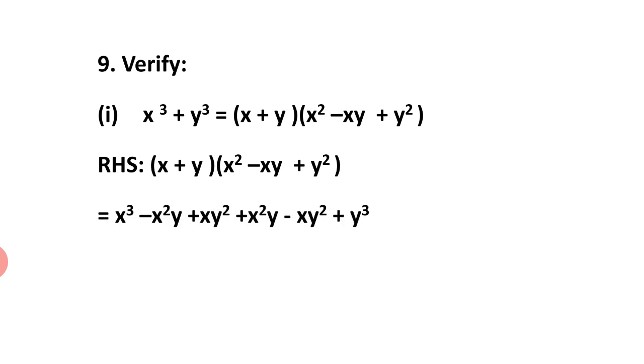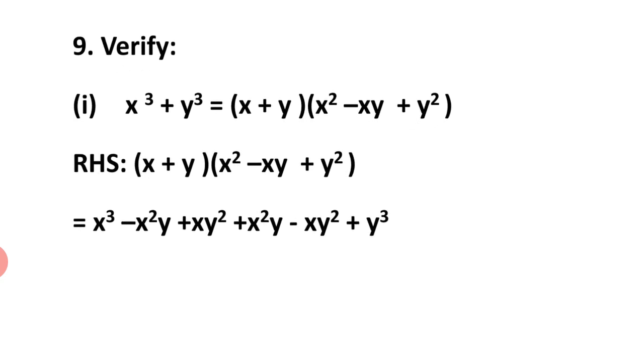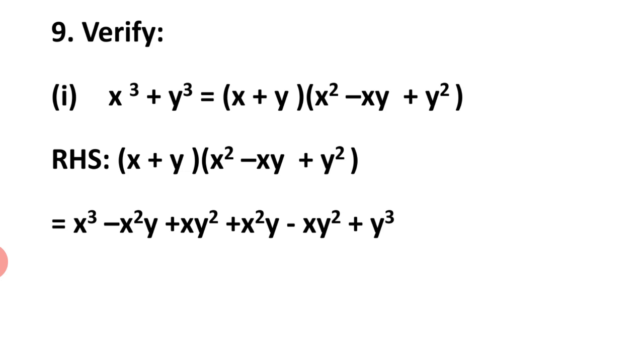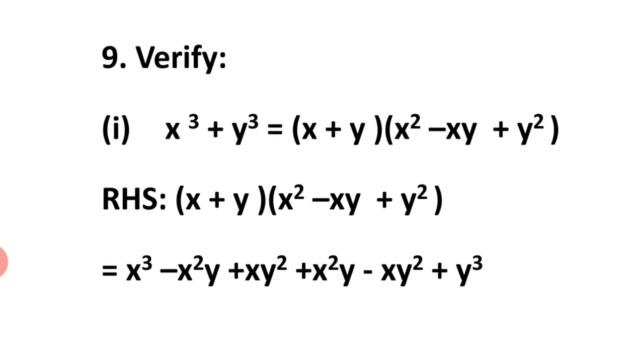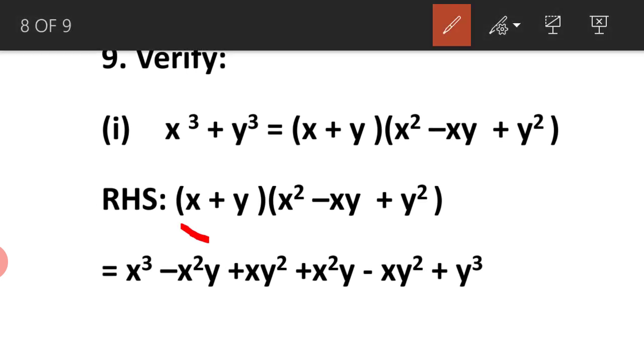Now x into x square is x cube, x into minus xy will be minus x square y, then x into y square will be x square y. Similarly multiply by y, so y into x square, here I have written simply x square y.